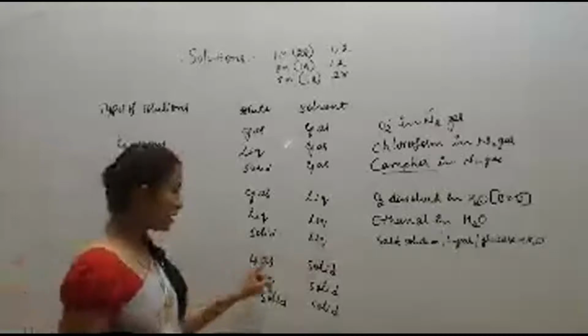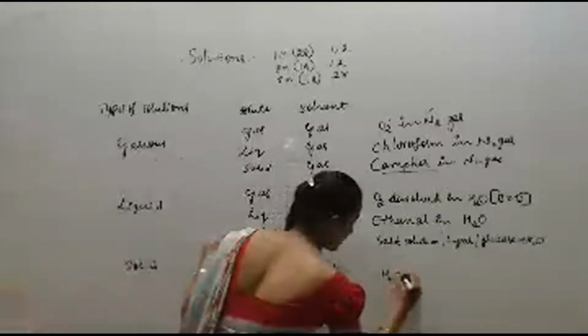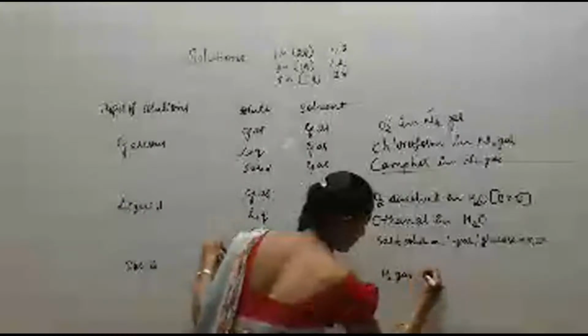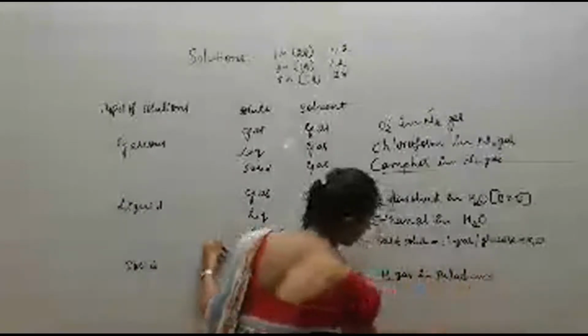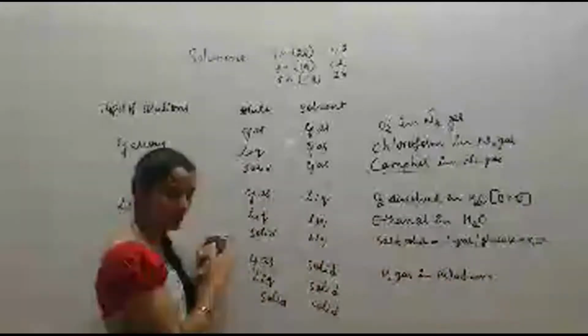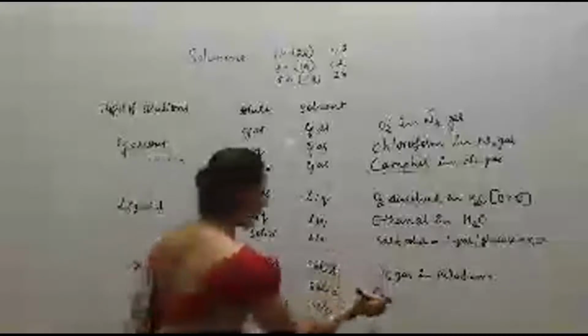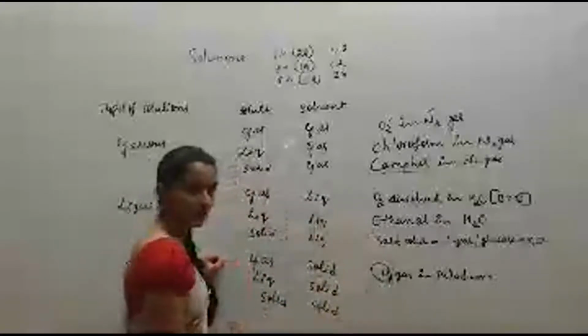Okay. So in gas solid, this is hydrogen gas in palladium. Okay, so palladium is a catalyst, hydrogen gas is a strong catalyst. So hydrogen gas is the solute, and palladium is the solvent.